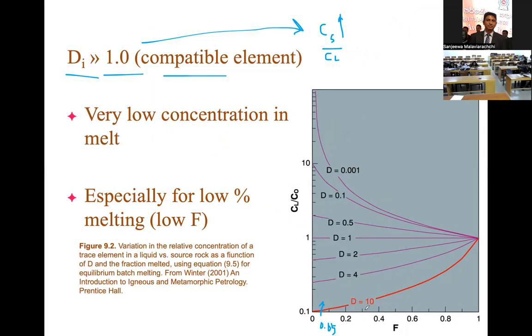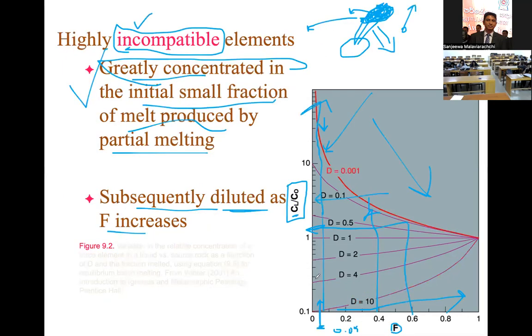So in that case, your melt composition, because we are plotting the melt Cl composition here, if D is greater than 10, that means you are getting very little amount of that element in the melt.